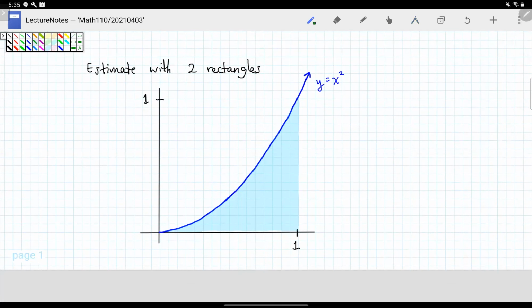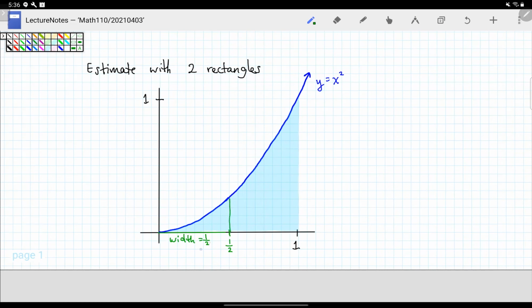We're going to cut this subinterval in half. So I'm going to make 2 rectangles, and each rectangle is going to have a width of 1/2. The way that I'm going to get the height is I'm going to take the y value at the right endpoint of the interval.